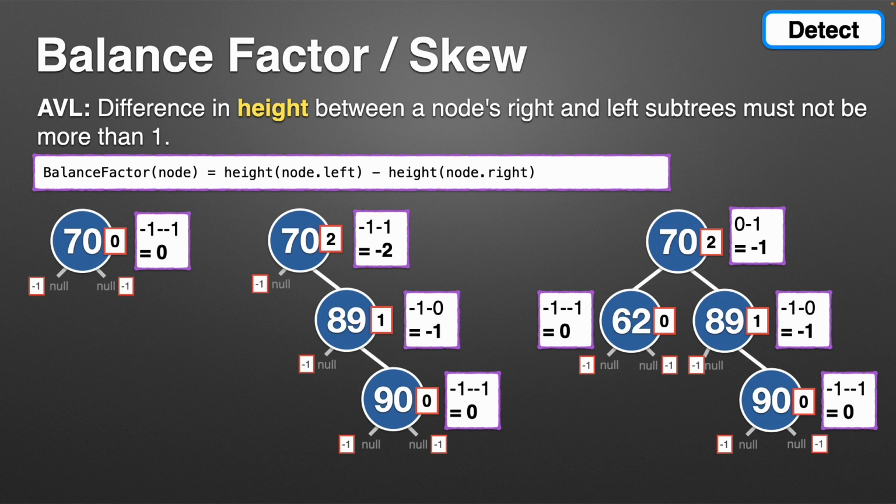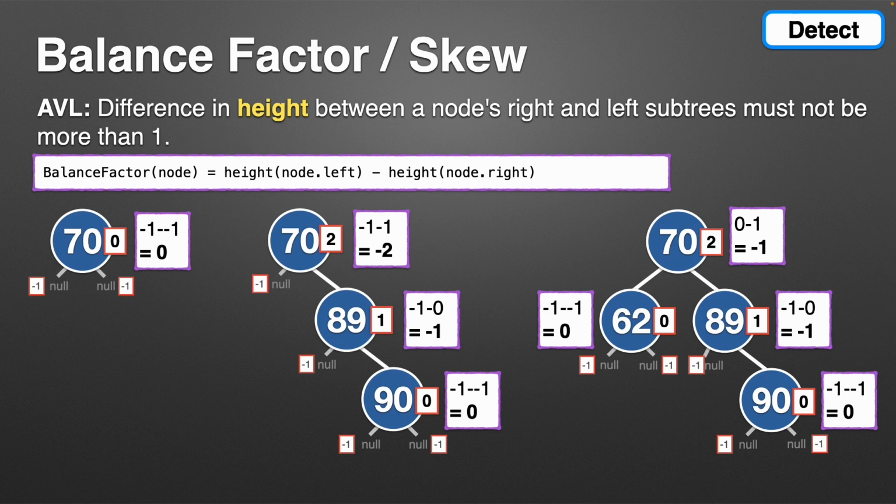Since we've gotten a -2, and you'll either get a -2 or a +2, that indicates that this tree is not balanced. And we saw earlier that we could simply rotate this tree around and make it more balanced. So that would be our signal that we need to do some balancing.